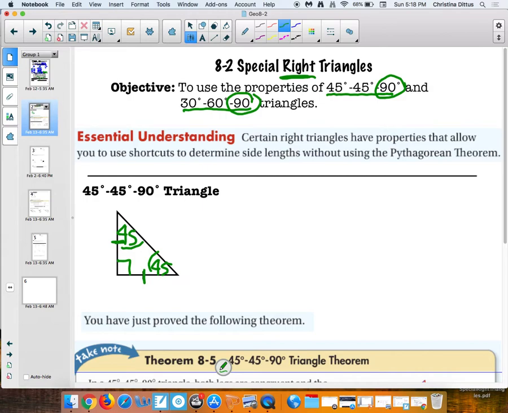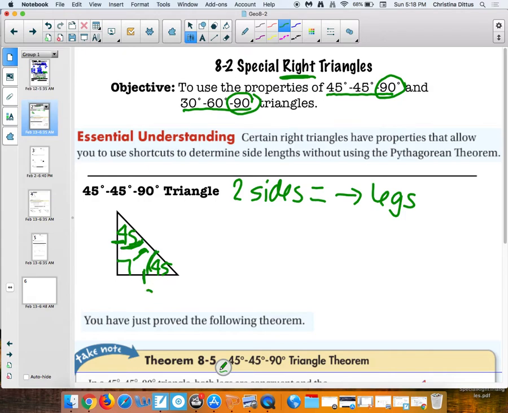So in a 45, 45, 90 triangle, you will always have two sides that are equal. We call those legs. And then obviously the side across from your right angle is called the hypotenuse. So these sides, our legs, have to be the same because these angles right here are both 45.